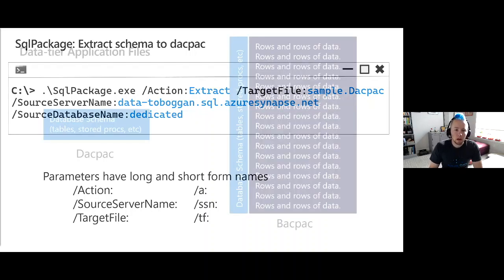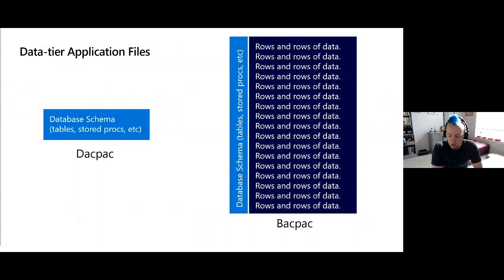Now, before I demo some of the capabilities with SQL Package, I asked you to hold on to the thought that a backpack includes all of the data along with the schema of a database. For Synapse, especially in those dedicated pools, the data could be very large, terabytes.